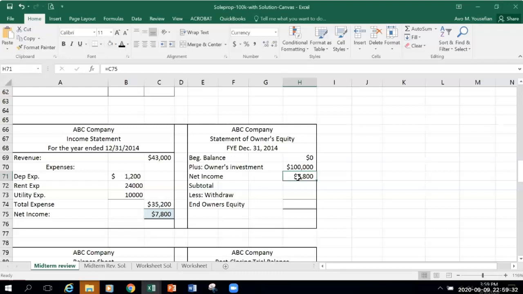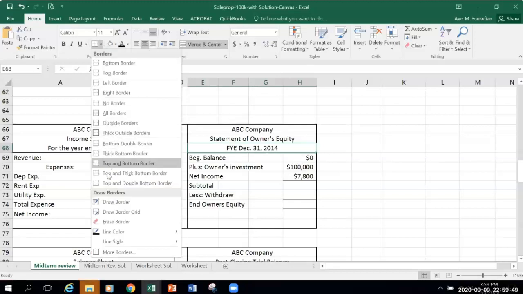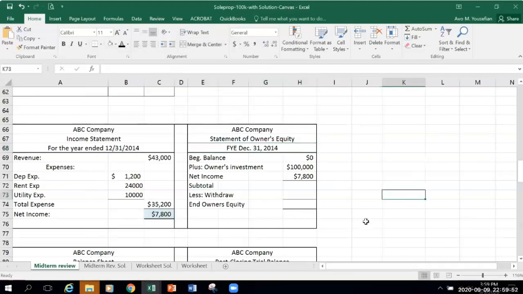Net income equals to this box. So you go to that box, you see it's already formulated. Equals to this box, and it's jumping over there. So that's why this is number 1 and this is number 2. Okay? Cool?